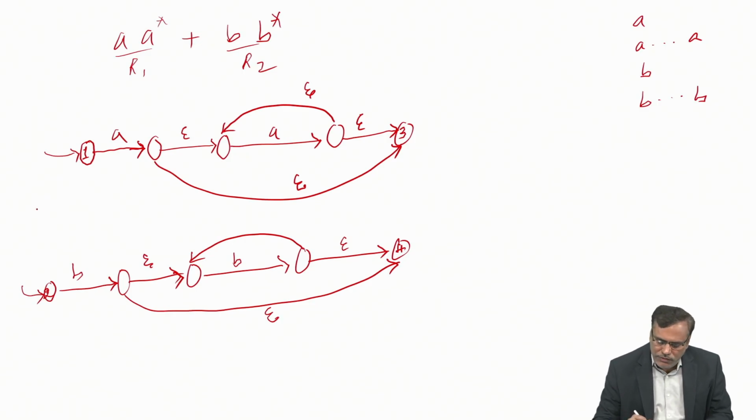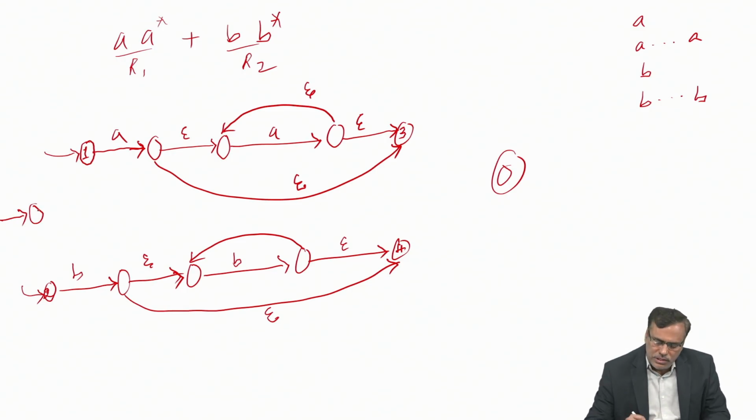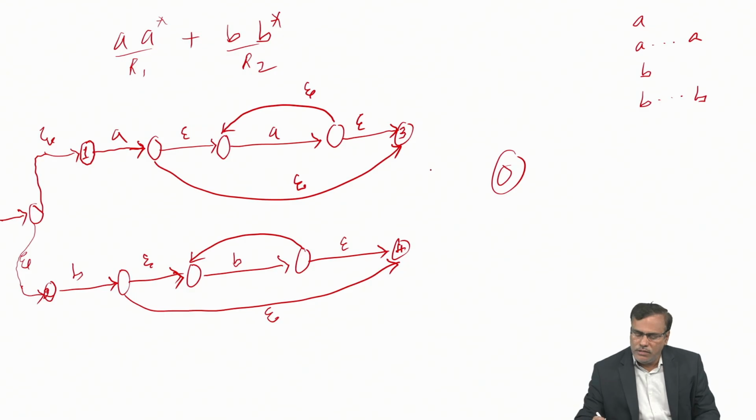What is the operation next you have to perform? That is union. For union, what are you supposed to do? You have to introduce a new start state. And this, now being the final state, I'm going to put a double circle for this. I think you understood. From the new start state to the old start states, you are going to introduce a transition on epsilon, and also from the old final states to the new final state. 3 and 4 were old final states, you know.